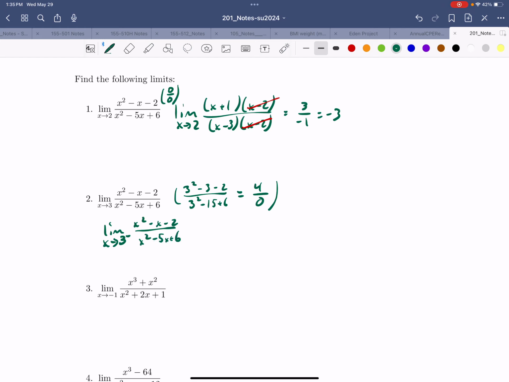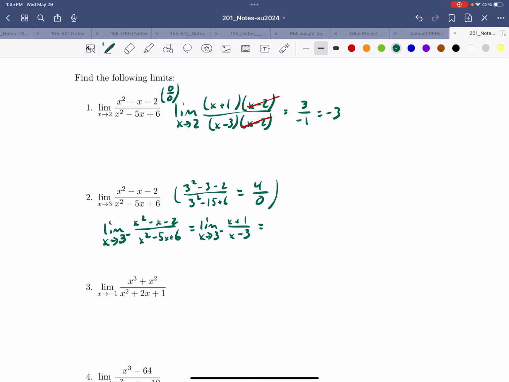Now this is a little bit complicated to try to figure out what's going on. What helps is if you factor it, which we've already done above, and you know that this is the same as the limit of x plus 1 over x minus 3, right? Because, again, we already factored it. Anyway, you see that that's a positive over a negative.